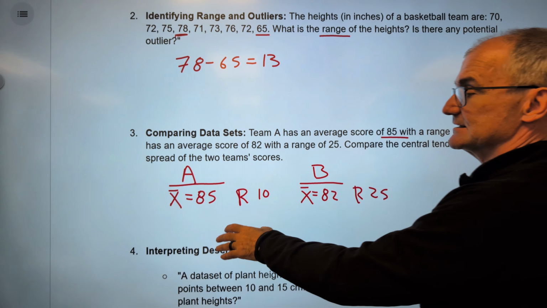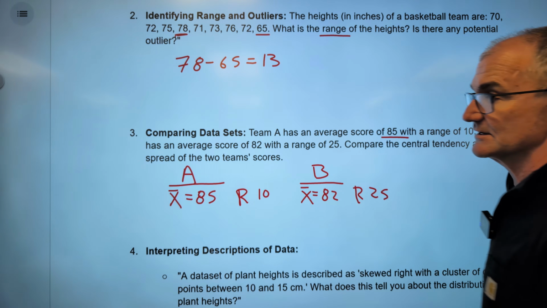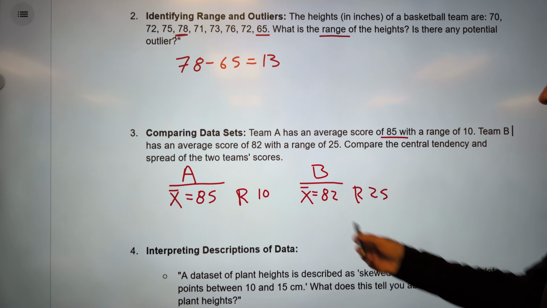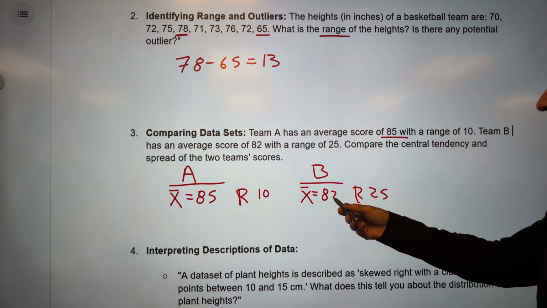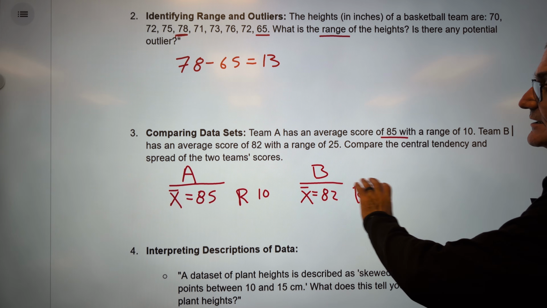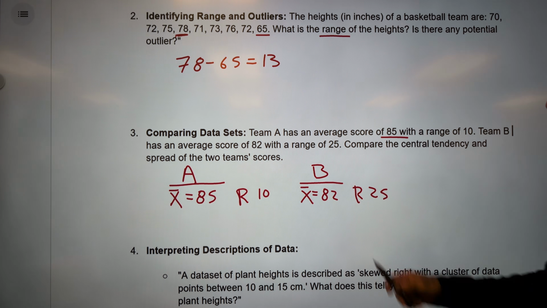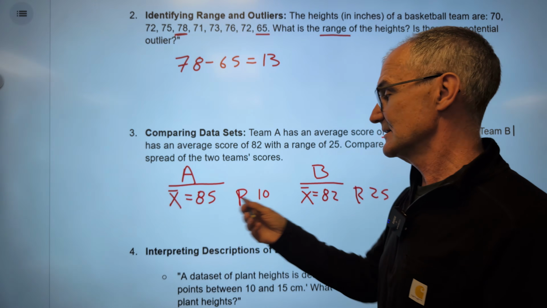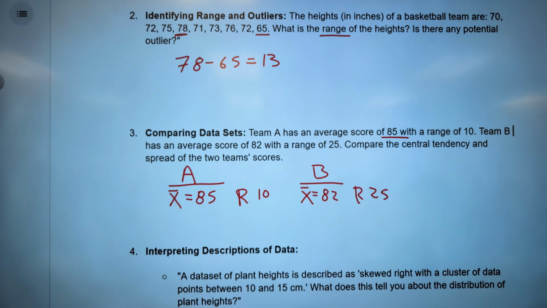So you would say that the data is clustered pretty close to the average in A. However, in B, there's a large spread of data. This could be 94 to 70, right? No, 69 to 94. Really a big range of data here, because the highest value minus the lowest value is 25. Here, the range is only 10.